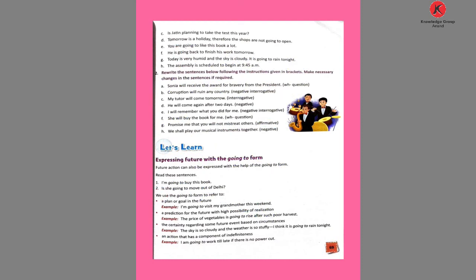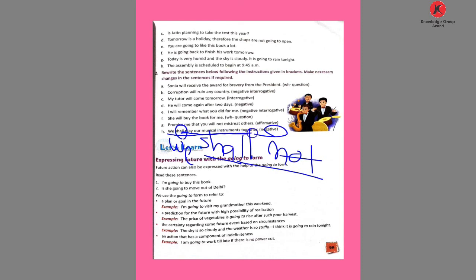Then the H. We shall play our musical instruments together. Negative. Shall is used. So after shall only use what? Not. We shall not play our musical instruments together. This is how we make the negative.